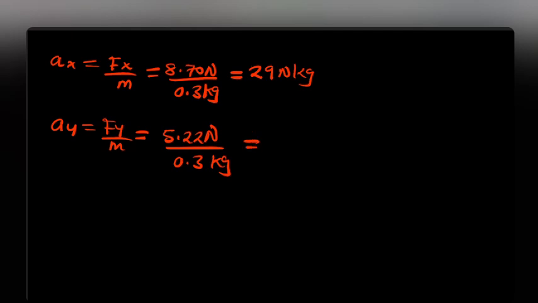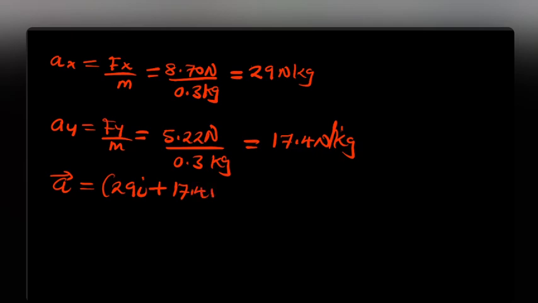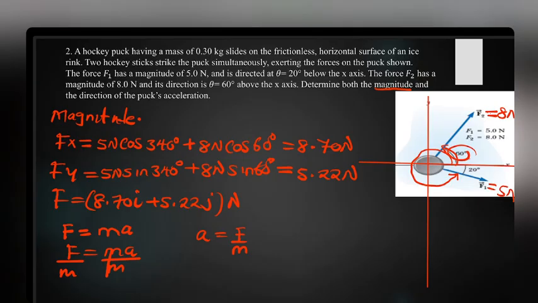So 5.22 divided by 0.3 gives us 17.4 newtons per kg. So the acceleration here will be 29 i plus 17.4 j, in meters per second squared.